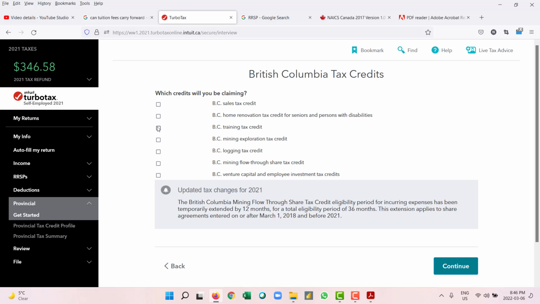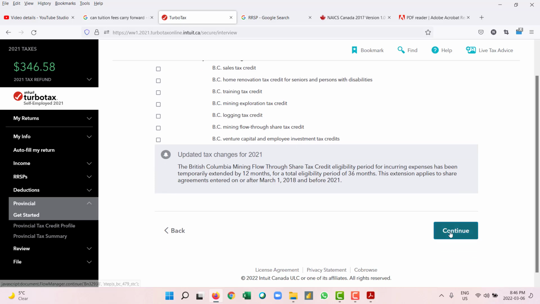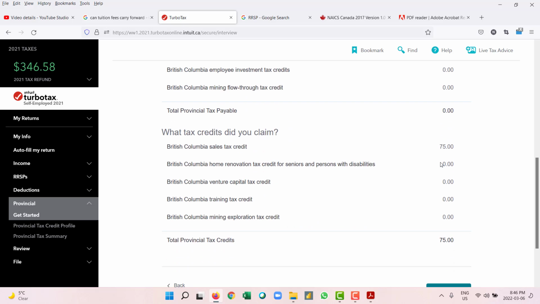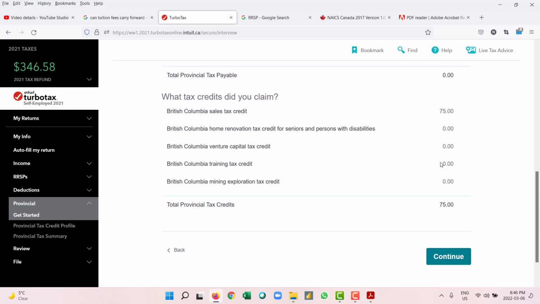I cannot claim any training tax credit because I did not do anything. A lot of things. You might get puzzled seeing a lot of things. Income tax $130. Provincial tax credit. What tax credit did you claim?